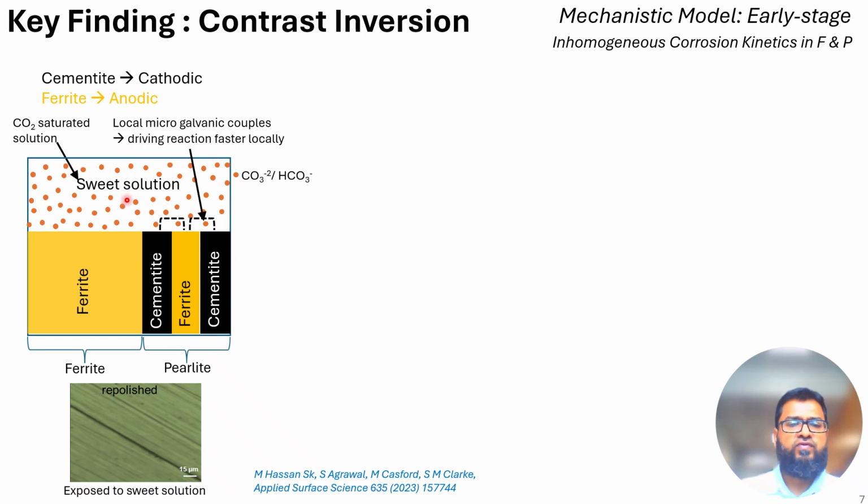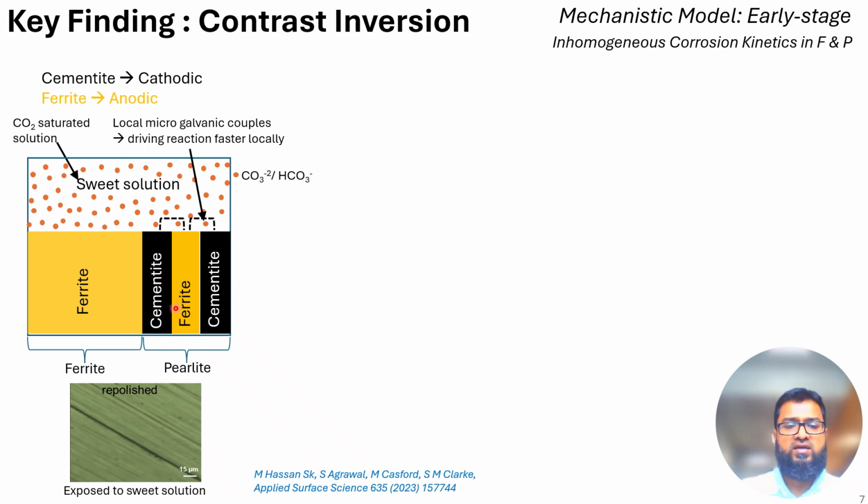To start off, we can assume that the carbonate and bicarbonate ions are distributed uniformly throughout the solution, and this is the pearlite phase indicated with alternating cementite and ferrite layers.